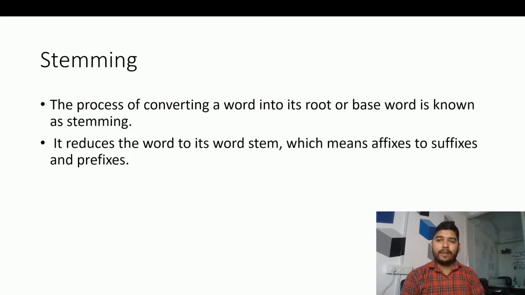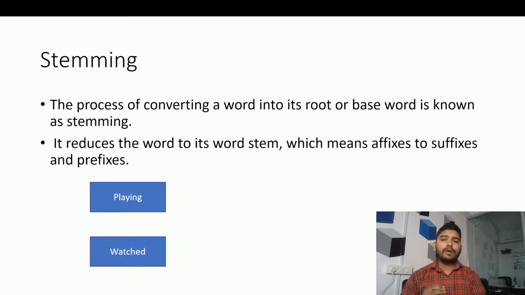The first technique is stemming, the process of converting a word into its root or base word. It is known as stemming. So basically, stemming reduces the word to its word stem, which means removing the affix, suffix or prefix. Let's understand with a simple example. Here we have words like playing and watch.